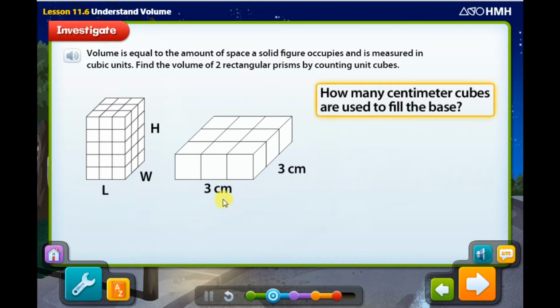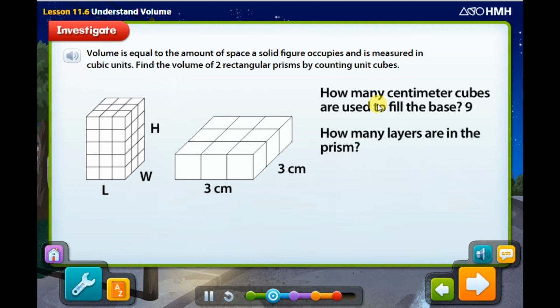It will be 3 multiplied by 3, meaning the length multiplied by the width, or the number in rows multiplied by the number in each row. So in any case you have to multiply the two dimensions together to find how many cubes are inside the one layer. 9 centimeter cubes fill the base of the prism.